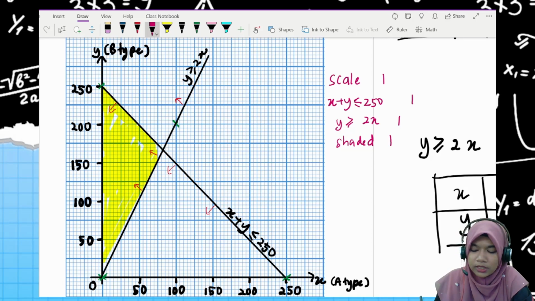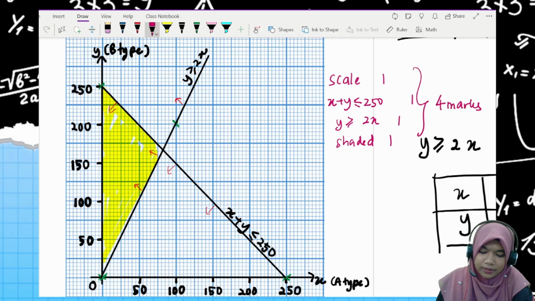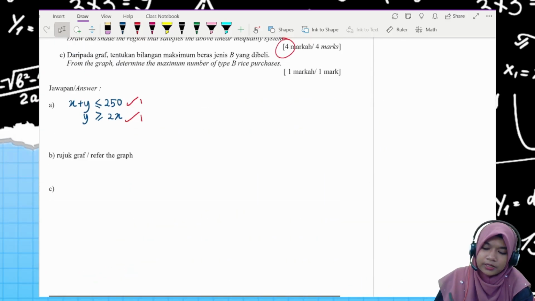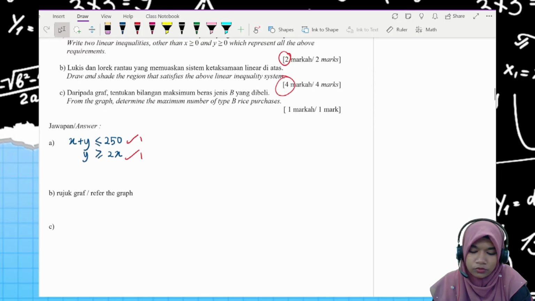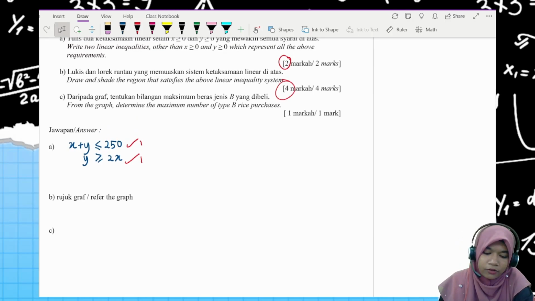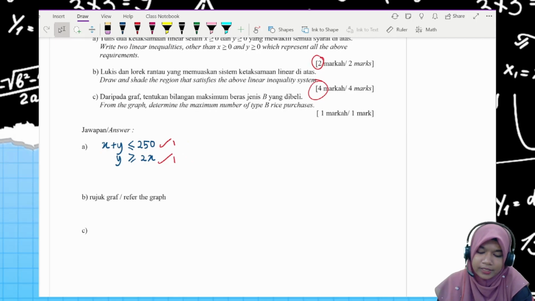So the total is how many marks? 4 marks. So you get the marks for drawing and shading the region.